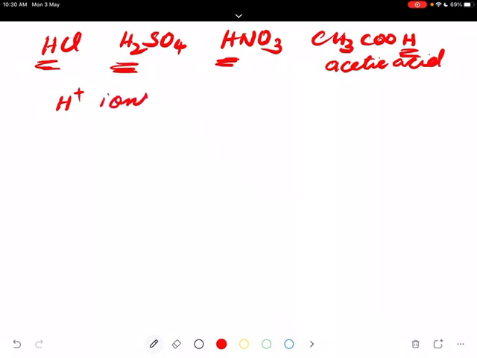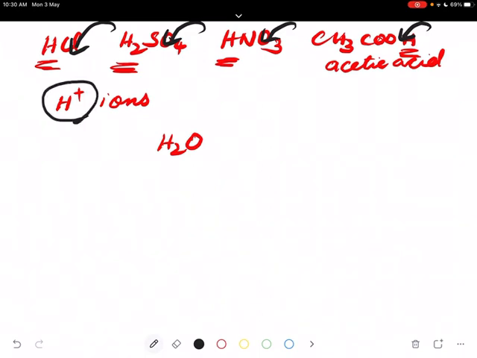H plus ions. And these acids can produce these H plus ions in presence of water. Means on adding water only. On adding water, they can produce H plus ions. So acids have H plus ions in common.